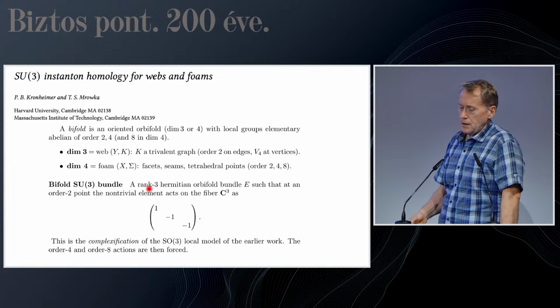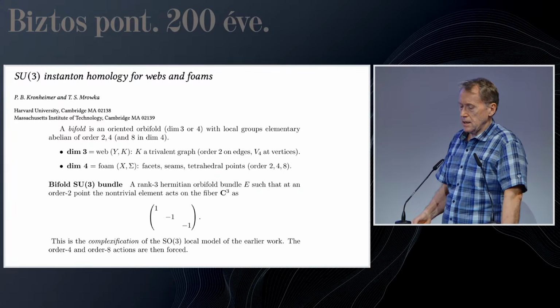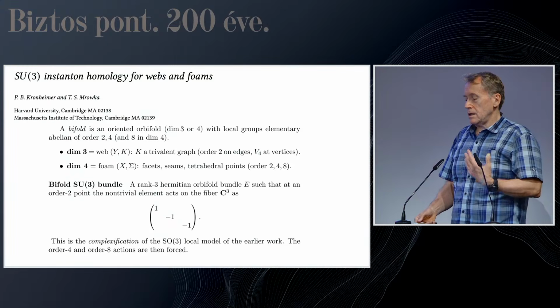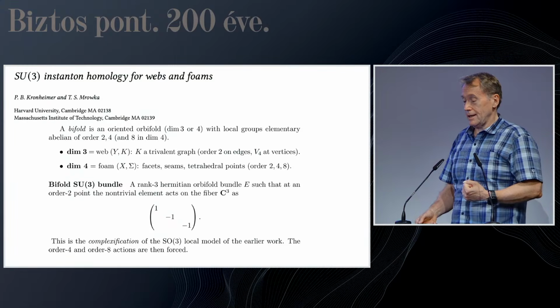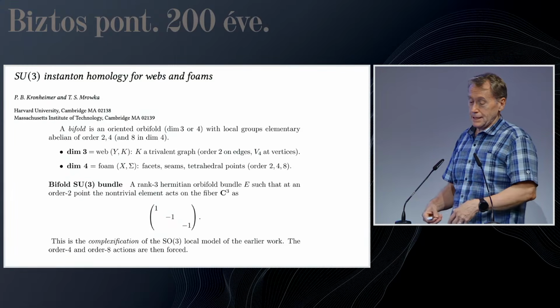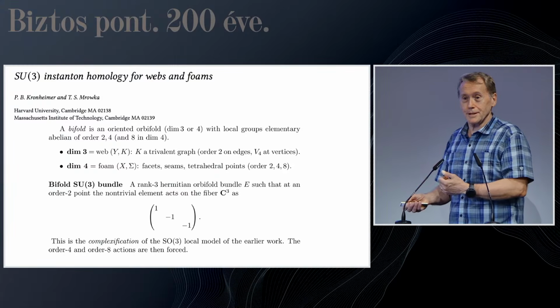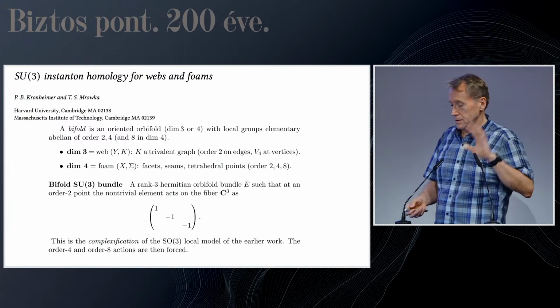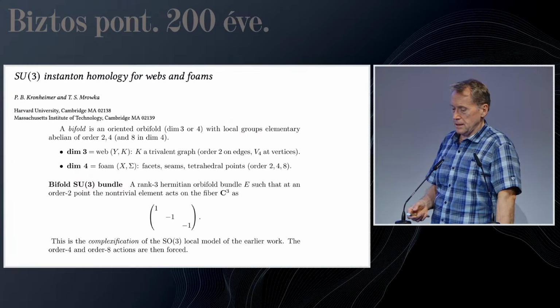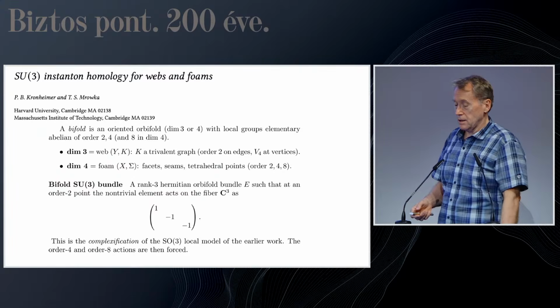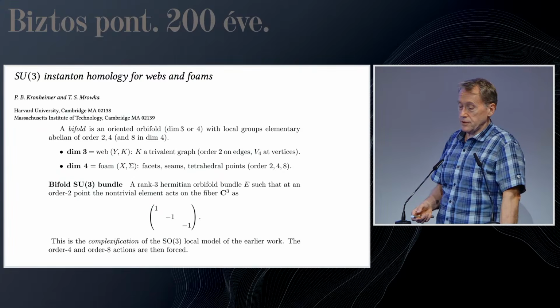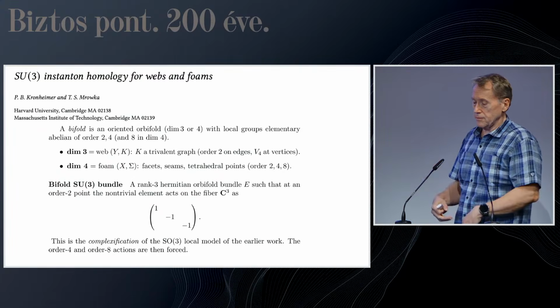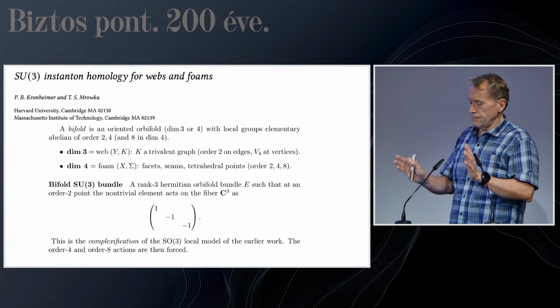The reason that we were interested in this is that SO3 is the fixed point set of an involution on SU3. And you might hope to attack the conjecture about the lower bound using some version of Smith theory.